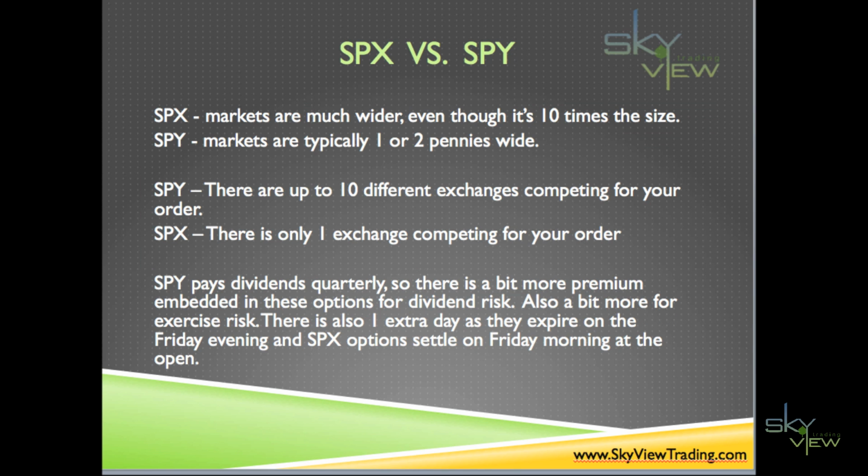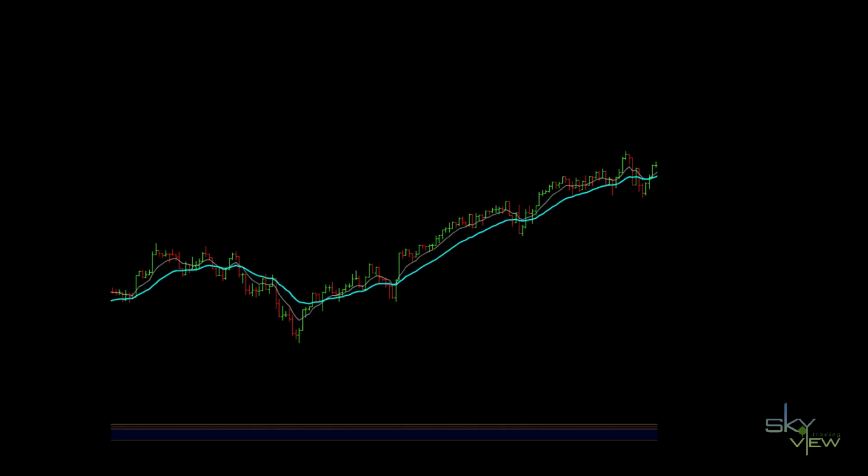In the SPX, the markets are much wider, even though it is 10 times the size. In the SPY, the markets are typically 1 or 2 pennies wide. Let me just show you this real quick on the Thinkorswim platform.